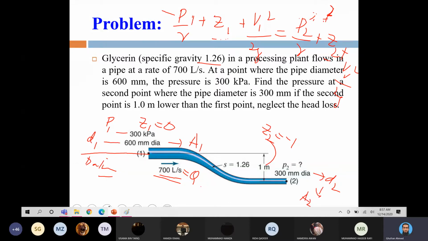So by using the continuity equation Q is equal to AV, you can find V1 and V2. Discharge remains the same. So once you have all the components of velocities, then you just put in this equation and you will find this pressure.